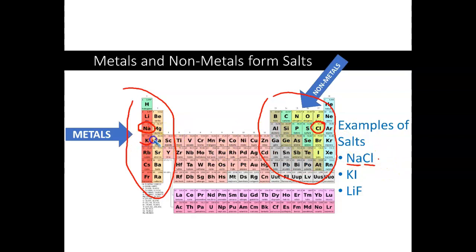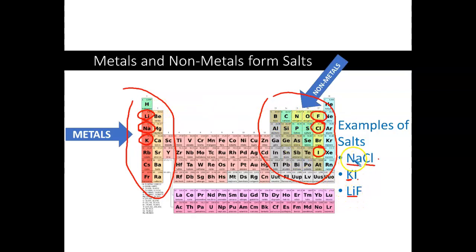Potassium iodide: here's potassium, the symbol is K, and iodine is right here. This is called potassium iodide. It's a salt because it's from a metal and a non-metal. And then lithium fluoride: here we have lithium, and here's fluorine. If those two are combined, they form a salt.